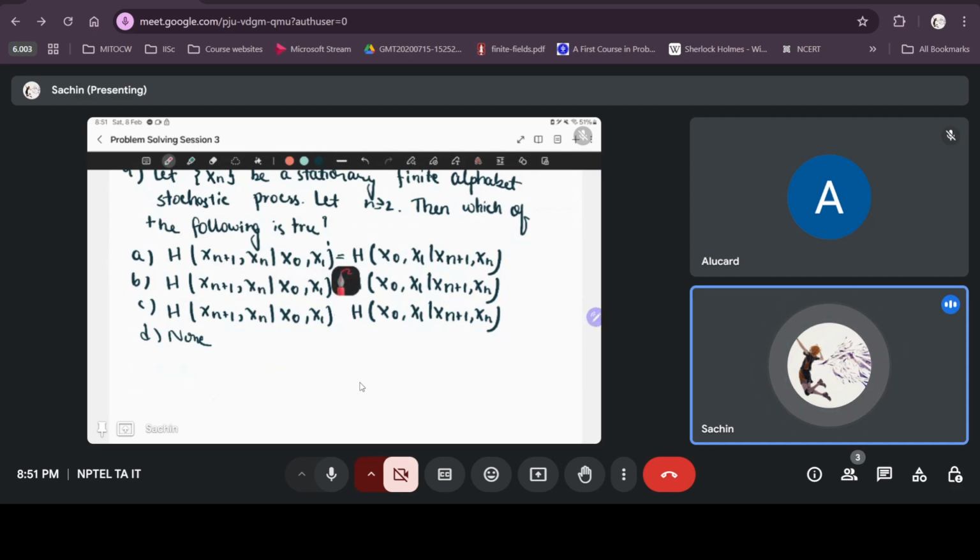Is it equal to, or is it less than or equal to, or is it greater than or equal to?